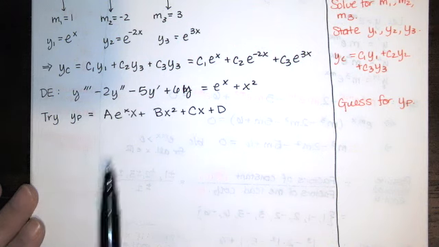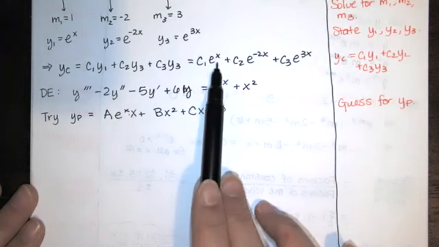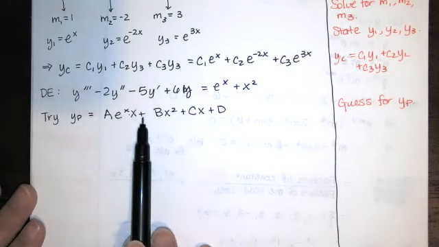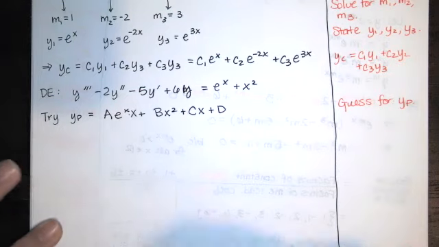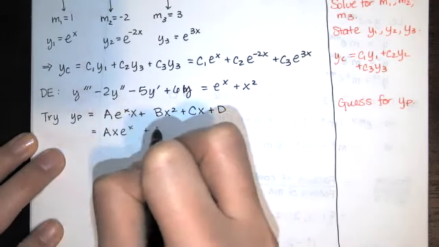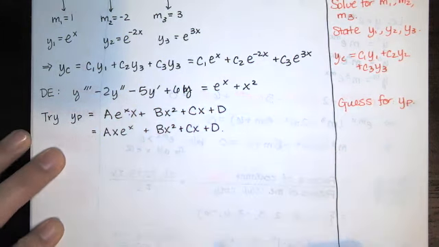But we're not going to do that. I'm just going to tell you that every time you see this term here and it's part of y sub c, multiply by x until it's not a part of y sub c, and then that should be your modified educated guess for y sub p. Okay. And I will write that differently. I'll write that as ax times e to the x plus bx squared plus cx plus d. That's my y sub p.